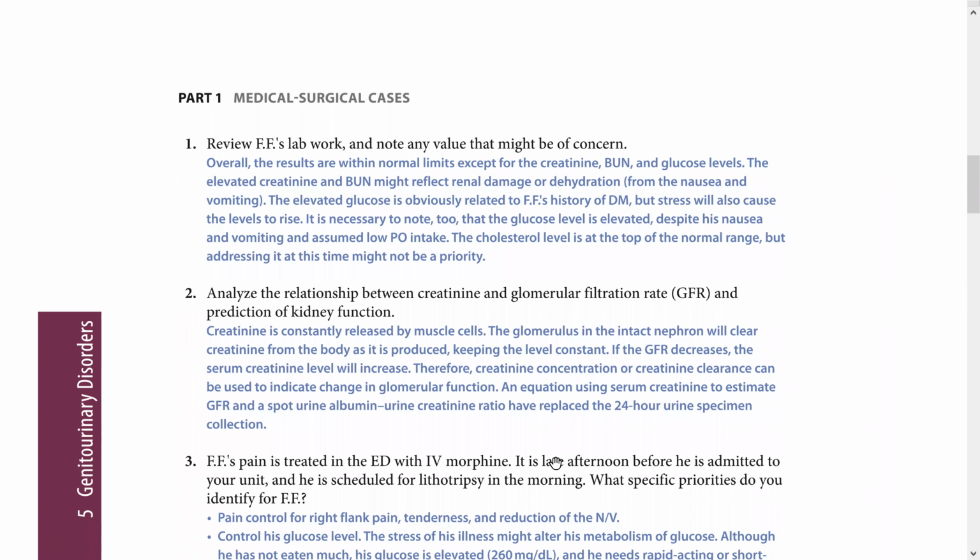Okay, so remember when I covered the different stone types? You have the oxalate, which is the most common one. The calcium oxalate forms in acidic urine due to the increased amounts of calcium and oxalates in the urine. And then we talked about how we get increased oxalates.